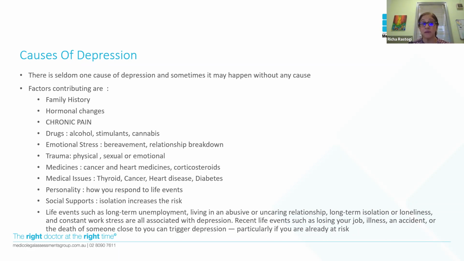Chronic pain, I've highlighted that because this is something we see all the time in clinical presentation, in reporting, where we are asked to make some prognostic formulation in terms of the prognosis of depression and the outcomes. And we really need to understand, and I've got a slide later that talks about the bidirectional association between chronic pain and depression.